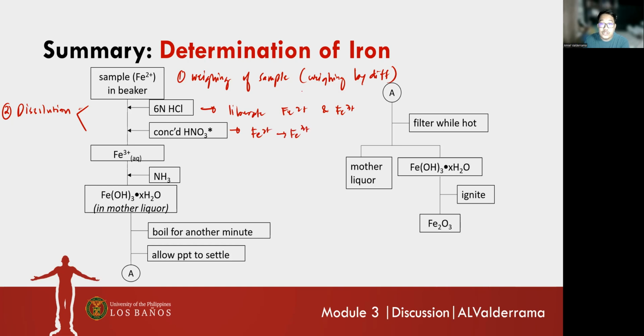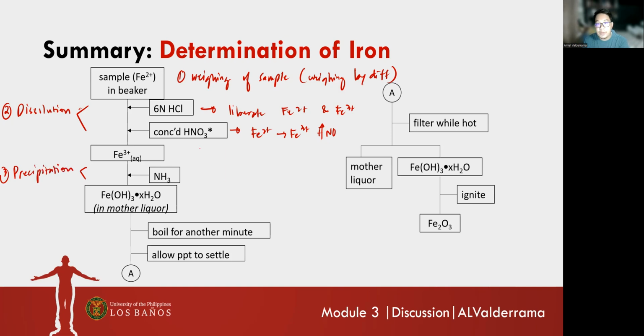But its conversion has a subsequent evolution of gas in the form of NO, or your nitrogen monoxide. That's why the addition of nitric acid must be done under the fume hood.